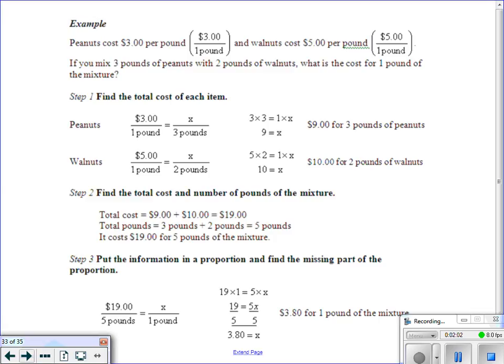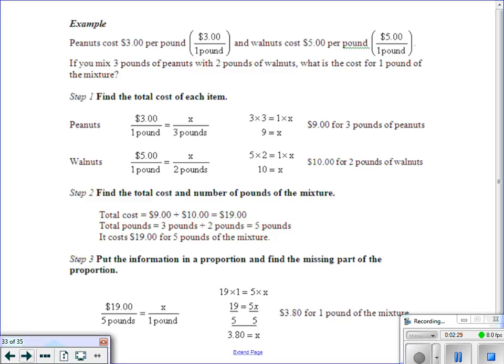The next thing you need to do is find the total cost and the total weight of the mixture. If it's $9 for the peanuts and $10 for the walnuts, it's going to be $19 for the whole mixture. And if you've got 3 pounds of peanuts and 2 pounds of walnuts, that's 5 pounds total. So your mixture costs $19 for the 5 pounds.